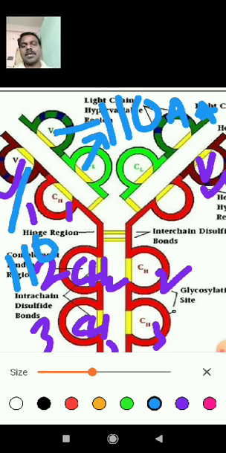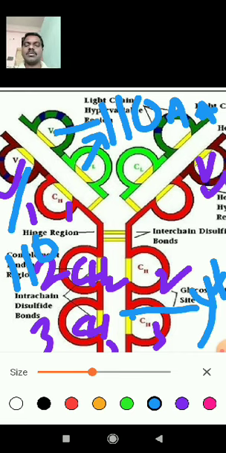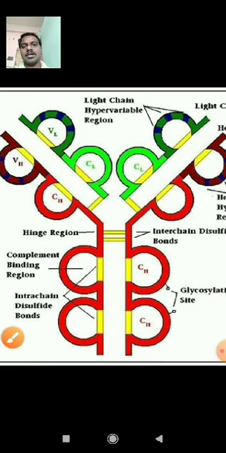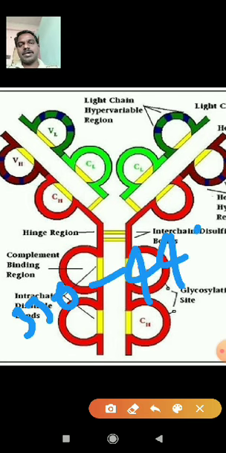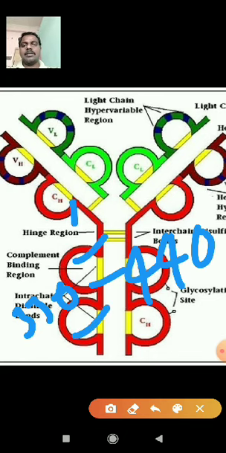But in the heavy chains, the variable region contains 110 amino acids, while the three constant domains, CH1, CH2, CH3, contain 330 to 440 amino acids, double or triple the variable region.